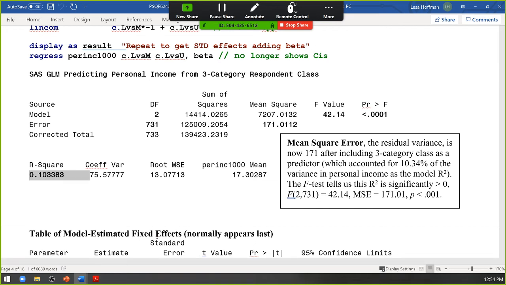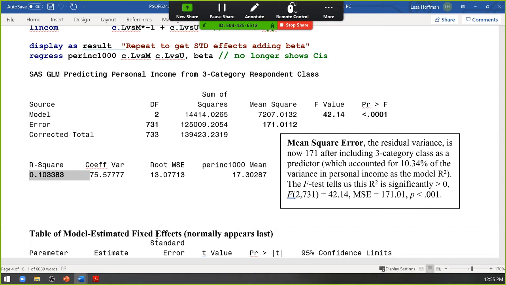You can think about it as the proportion reduction in residual variance. So this model has accounted for 10% of all of the variance in personal income. 10% of all the reasons why some people make more money than others is associated with this self-reported class predictor.